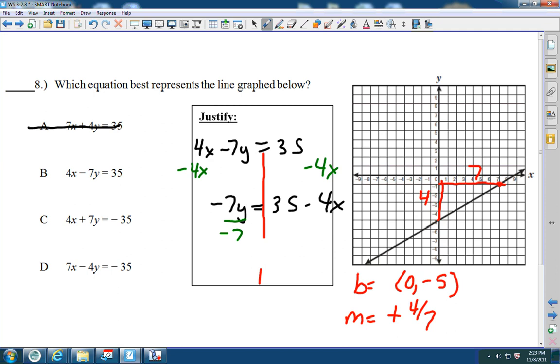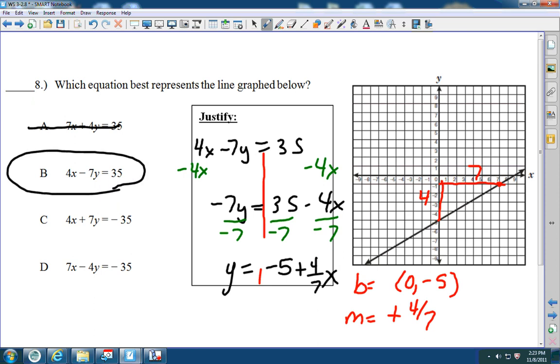I divide by -7. I get y equals 35 divided by -7. Oh, that's -5. A negative divided by a negative is a positive 4/7 x. The y-intercept is -5, and the slope is 4/7. Yep, my answer is B.